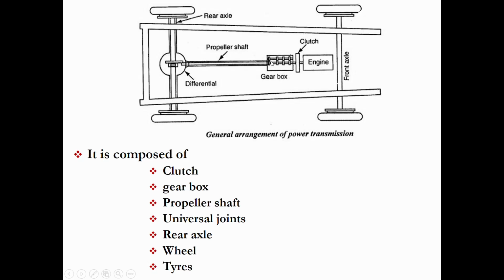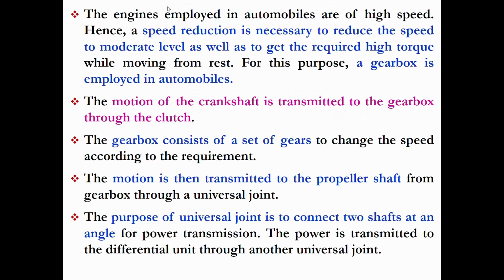From the gearbox the power is transmitted to the propeller shaft, from the propeller shaft to the differential, from the differential to the rear axle, and from the rear axle to the rear wheels. Likewise the power is transmitted from the engine to the rear wheels so that we can propel the vehicle in the forward or reverse direction.